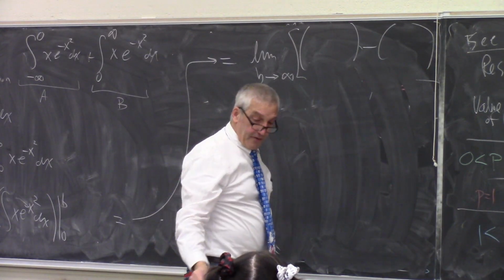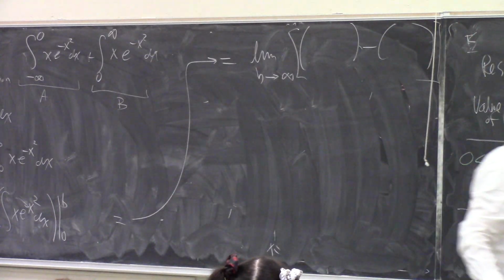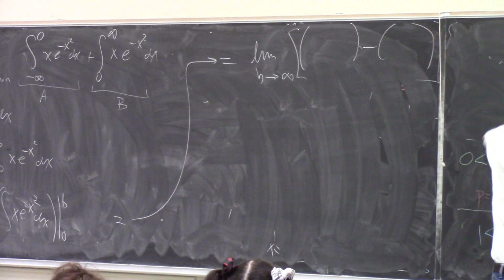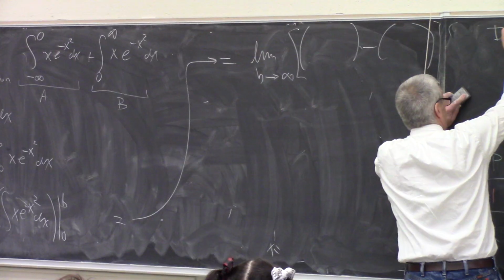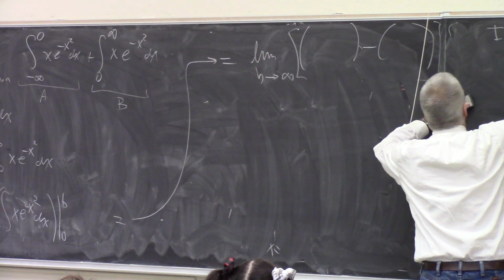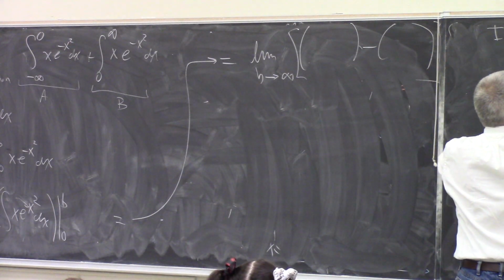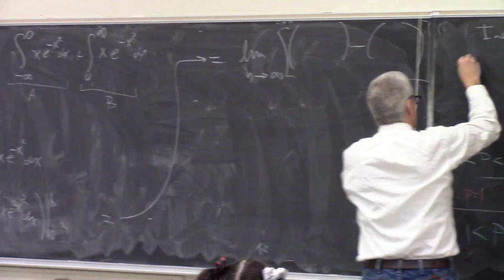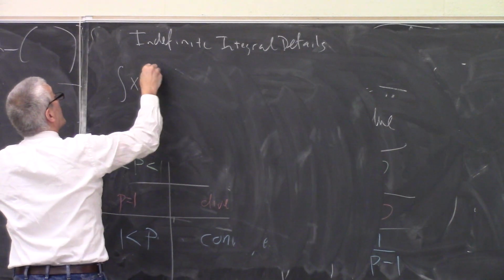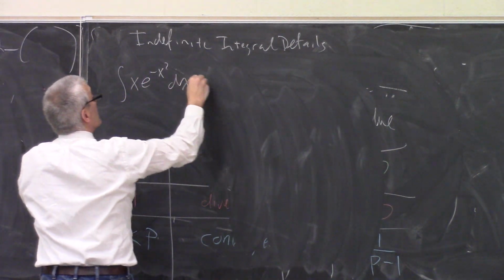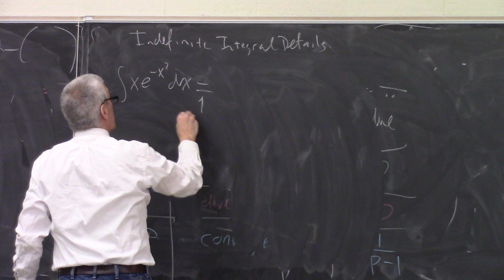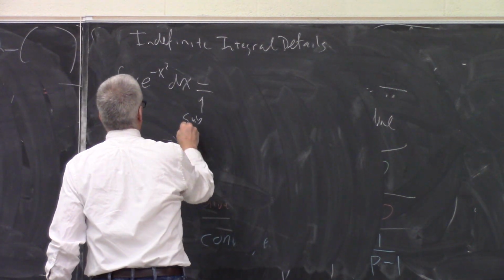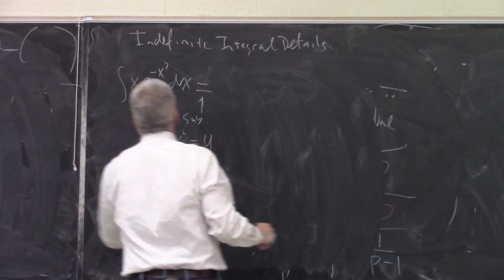Now off to the side, this is how I always did it in Calc 1, I'm going to do the indefinite integral details. So we have the integral of x e to the minus x squared dx. So I'm going to do a substitution. My inner function, minus x squared, is going to be my u.